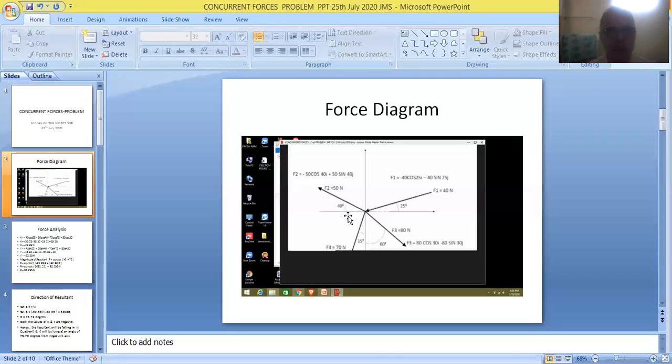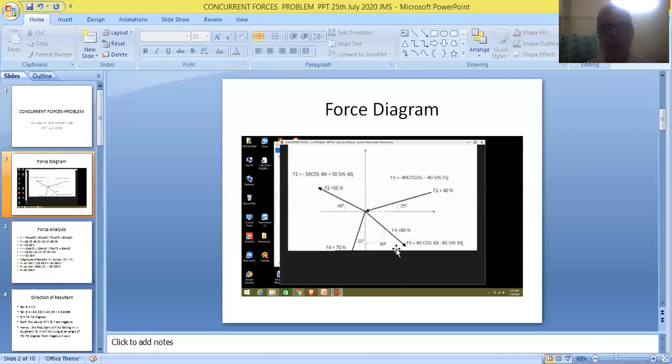That is very useful for solving the problem and getting the results. So friends, the angle made by F4 must be taken as 75 degrees from the negative x-axis.